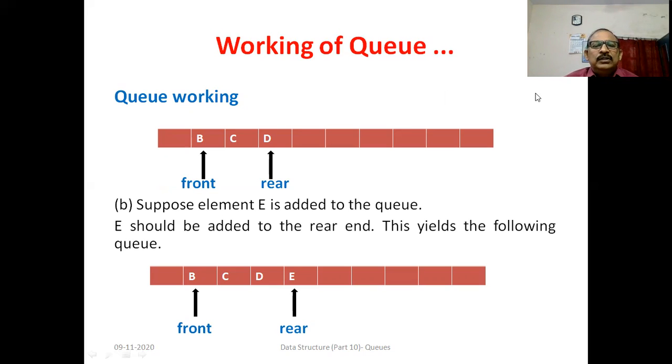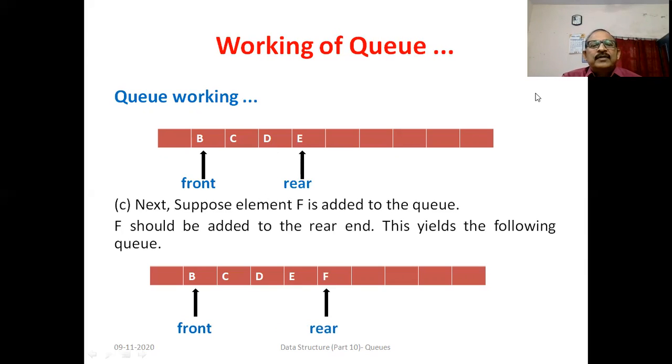Now in the picture, you can see rear is pointing to E. Next, suppose we want to add an element F. Again, we increment the rear pointer by 1 and put the value of F at that location. Now you can see rear is pointing to element F.